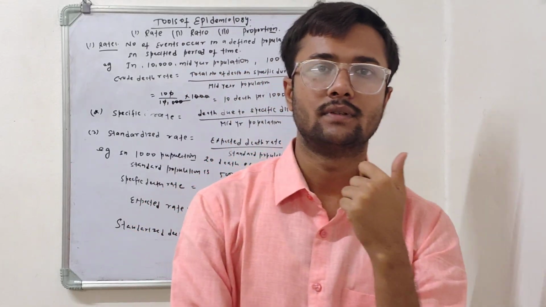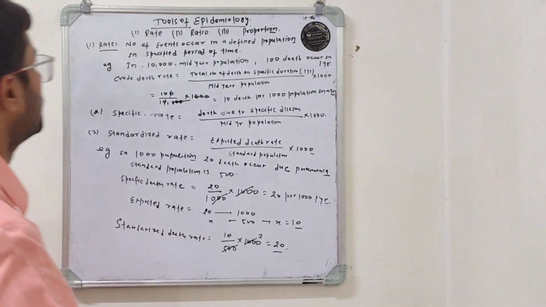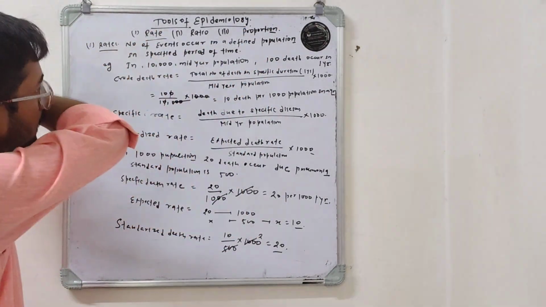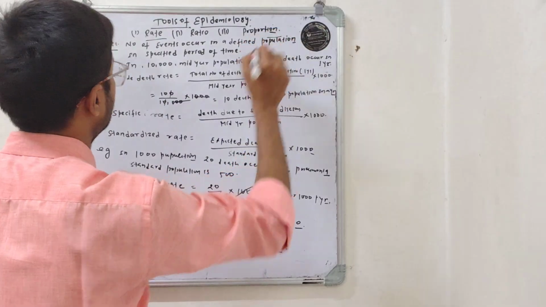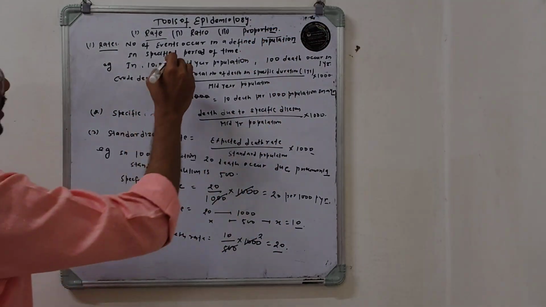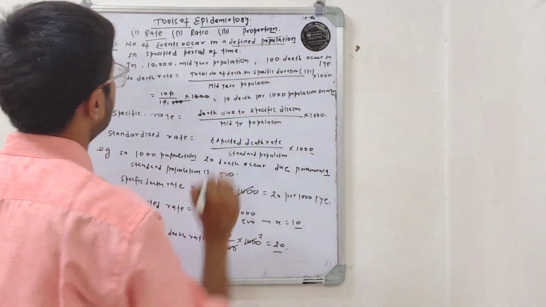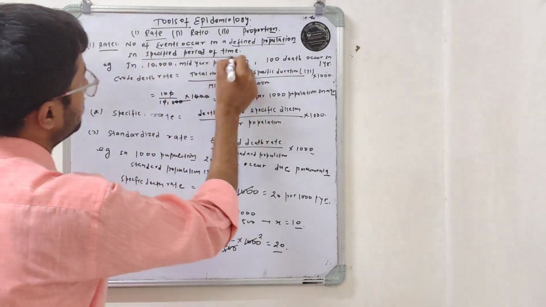We understand this with the help of examples. What are the tools of epidemiology? Three tools: the rate, ratio, and proportion. What is the rate? The number of events occurring in a defined population in a specified period of time.